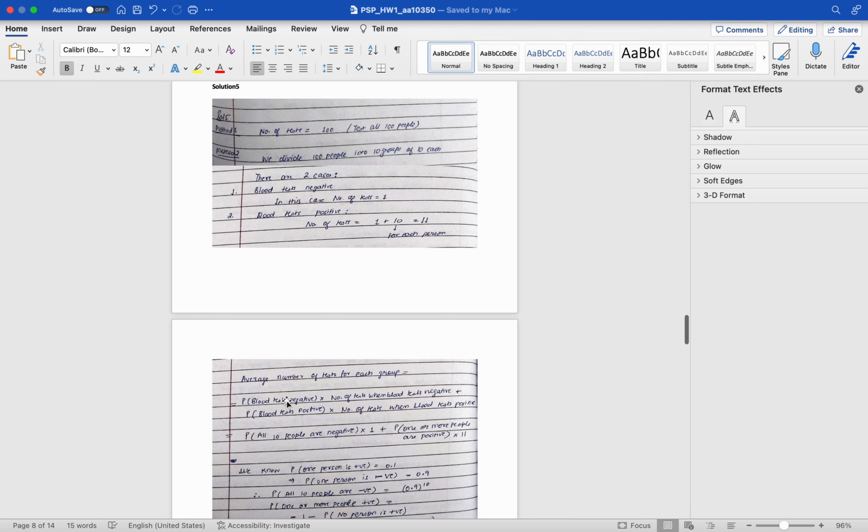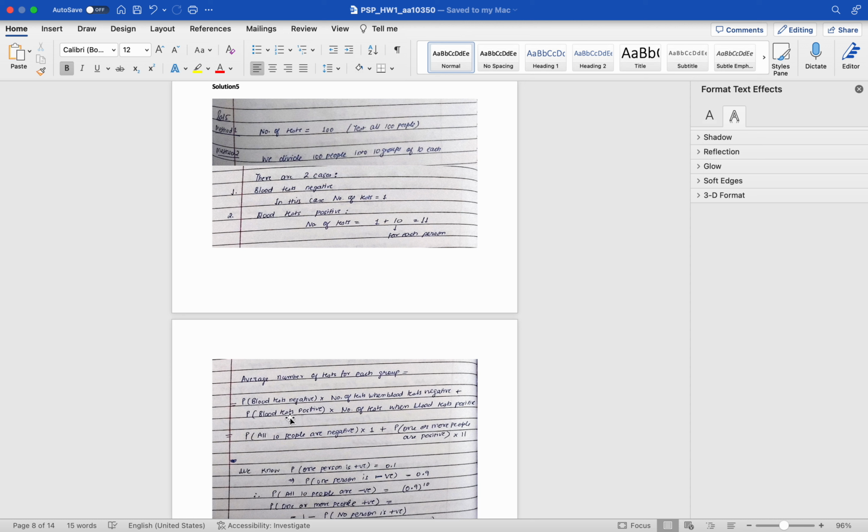The probability that the blood test is negative can also be written as the probability that all the people, that is all 10 people in the group, are negative. So probability that all 10 people are negative times the number of tests when the blood test is negative, which is equal to 1, we can see from this, plus the probability that one or more people are positive.